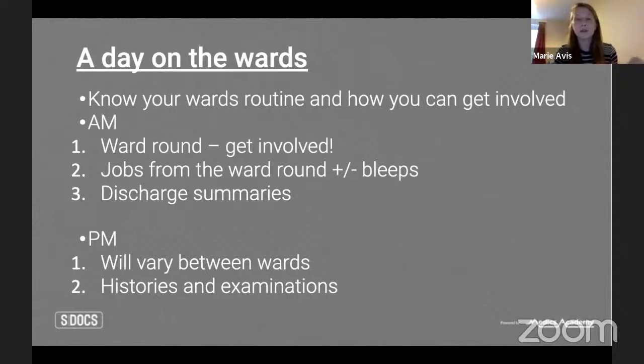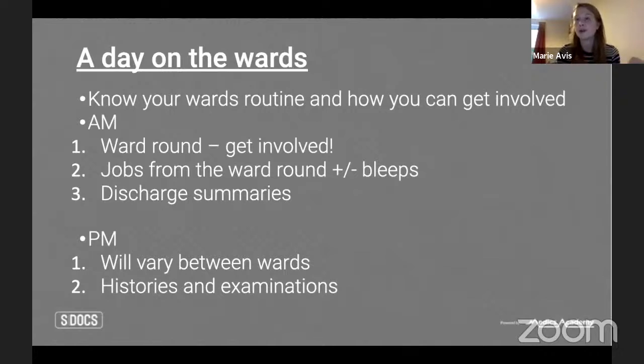So after the ward round, they'll usually write a jobs list. This will be things like bloods for patients or organising scans for them. And that's another thing you can get involved with. So if you let them know, could I take blood from that patient? Could you show me how I'd organise a scan? And then plus or minus bleeps.